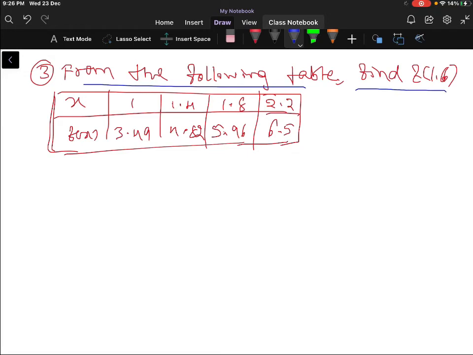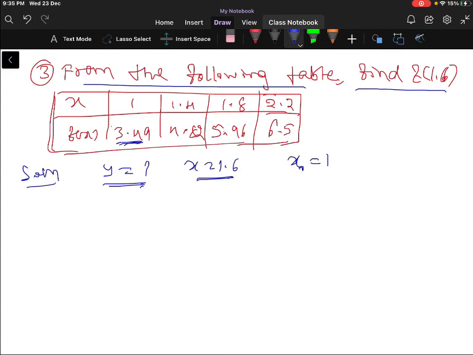From the following table, find f of 1.6. In the first row of the table, x is 1, 1.4, 1.8, 2.2, and f of x is 3.49, 4.82, 5.96, and 6.5.